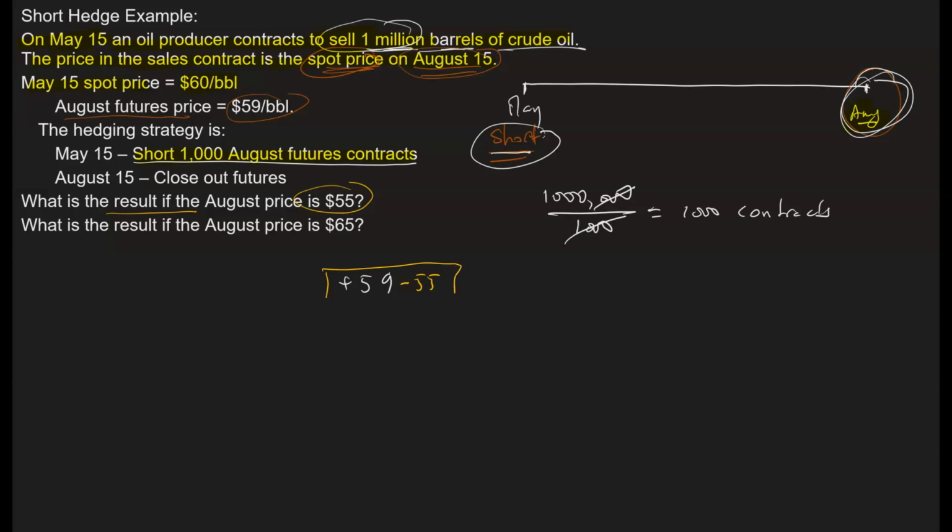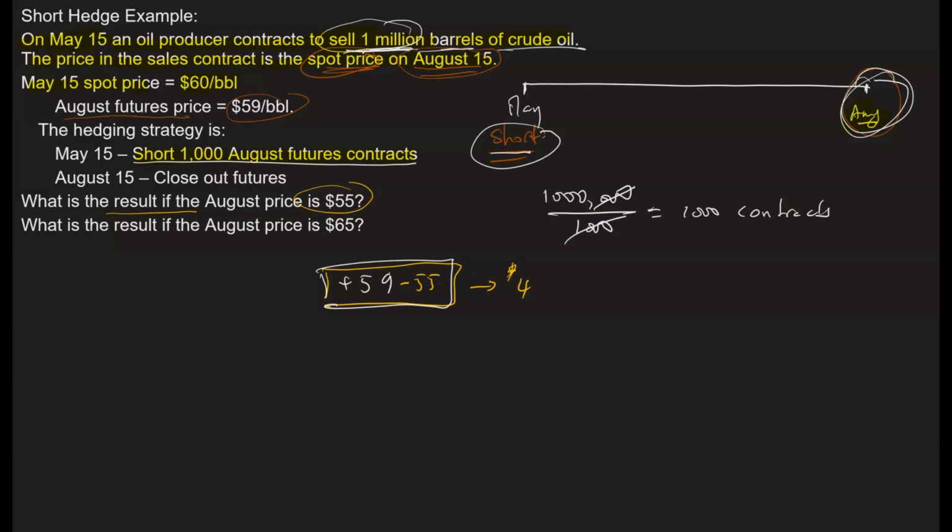In which case, this contract is closed. That contract is going to be closed with a profit of $4 per barrel. Now, we've still not sold, right? So we make a profit of $4 per barrel here, but this contract is closed now. We've still not made delivery of the million barrels.